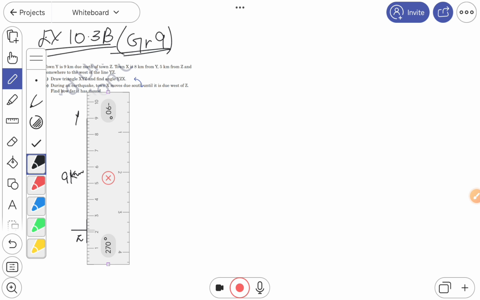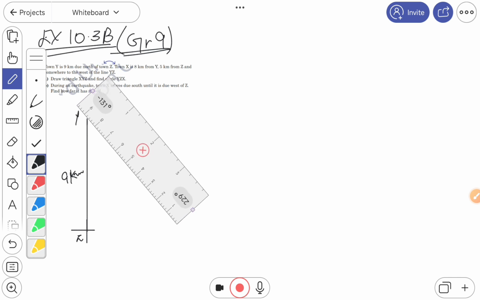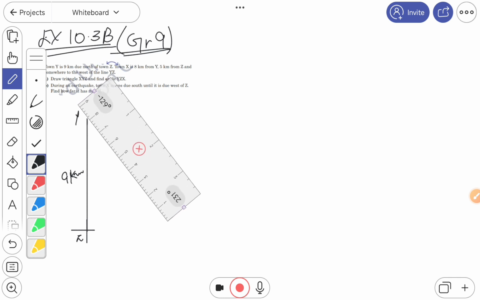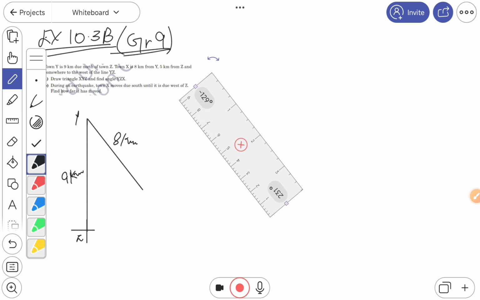Now town X is 8 kilometers away from town Y. From town Y I have to make town X, which is about 8 kilometers away. I'm just taking rough measurements, not exact ones. After that, X is 5 kilometers from Z, and somewhere to the west of the line YZ.